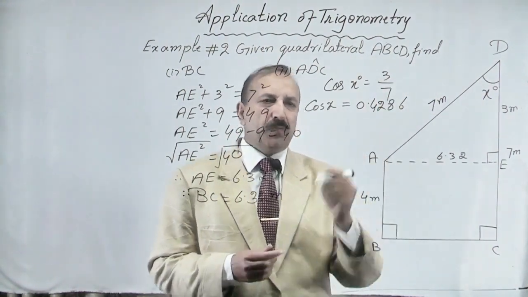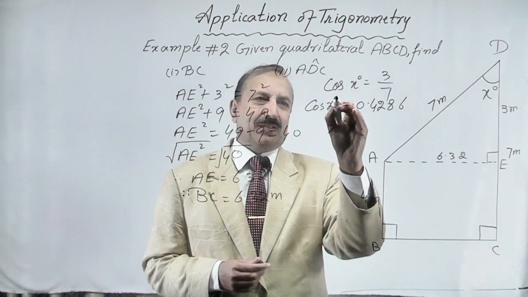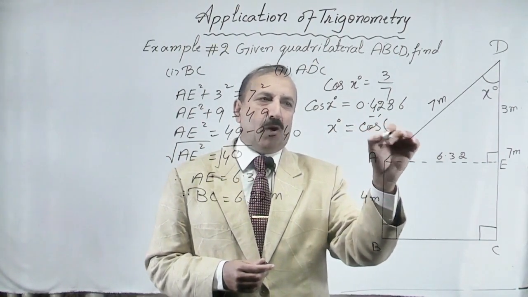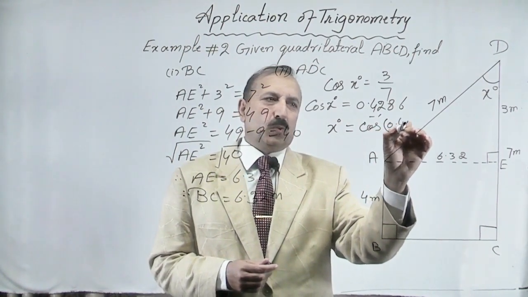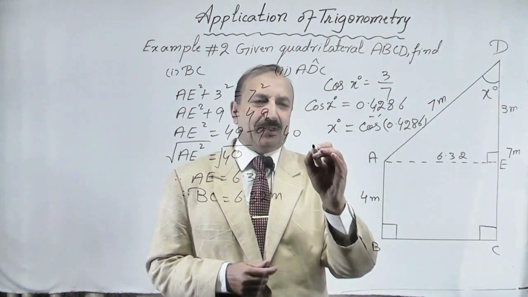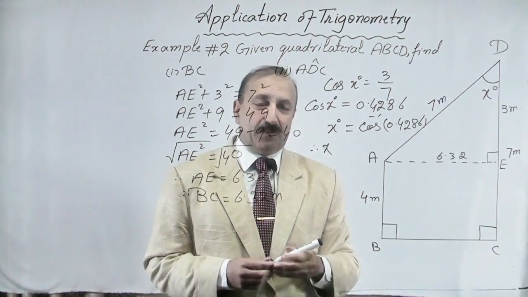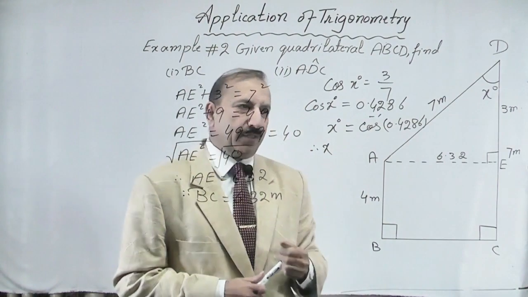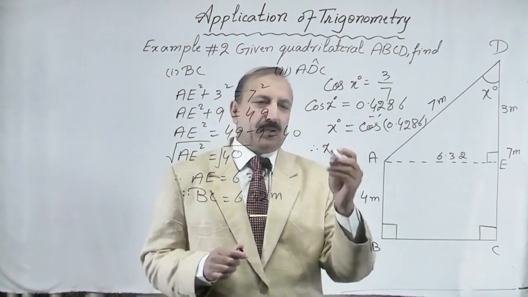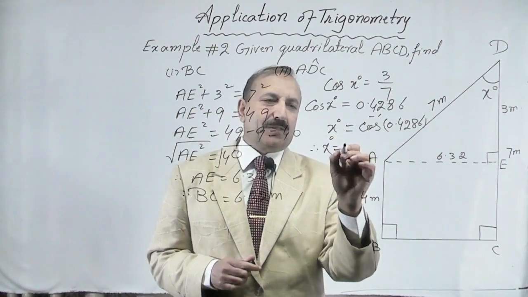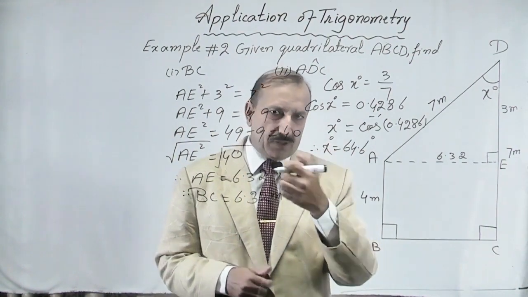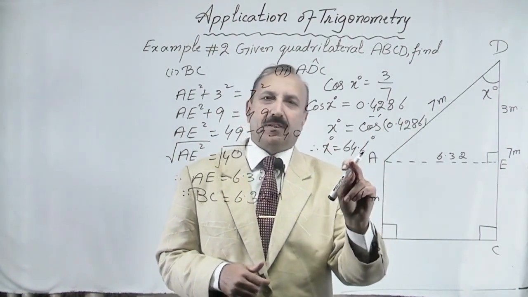Now x degree will be equal to cosine inverse of 0.4286. Use the shift key on your calculator, operate cosine inverse on this one, and finally you will get this angle, 64.6 degree.